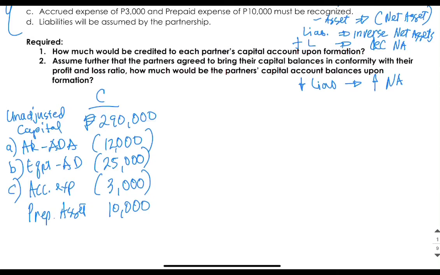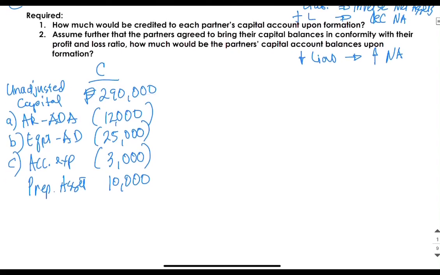And lastly, letter D, liabilities will be assumed by the partnership. This statement, letter D, will be your presumption. So even without this statement, the liabilities are assumed to be contributed also to the partnership, or the partnership will be the one to pay for these liabilities.